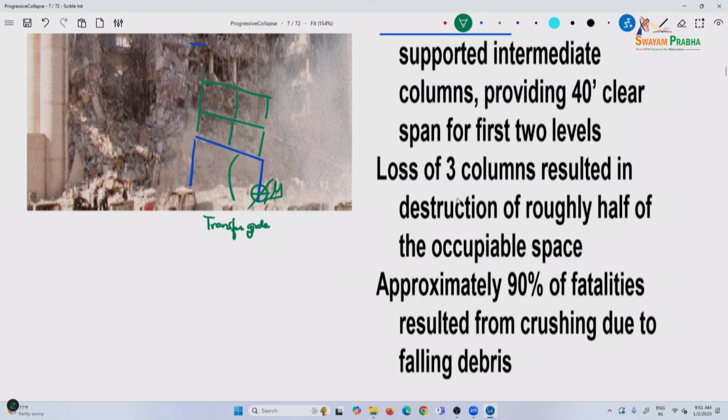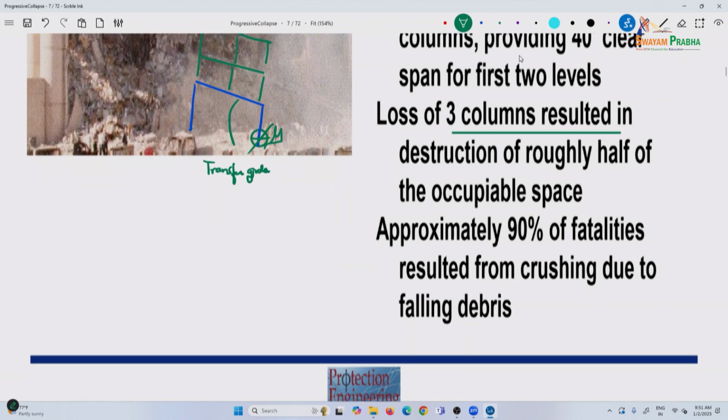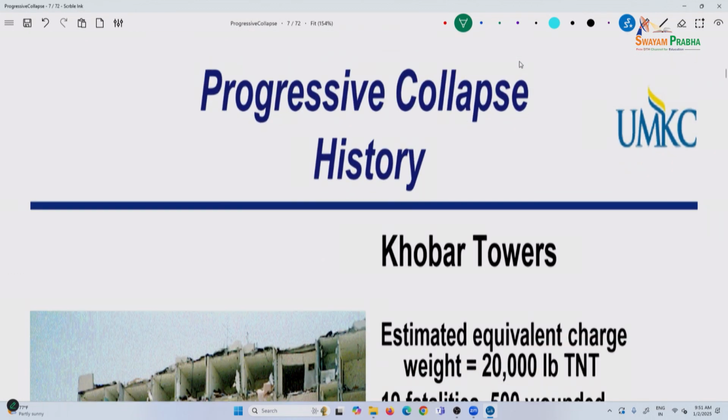So, the loss of 3 columns resulted in the destruction of roughly half of the occupiable space. And fatalities were not due to the blast event itself, but from the subsequent actions.